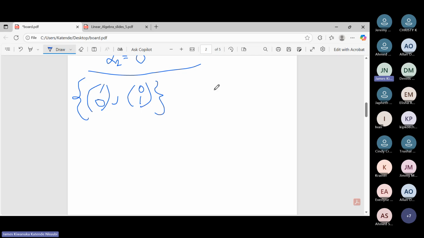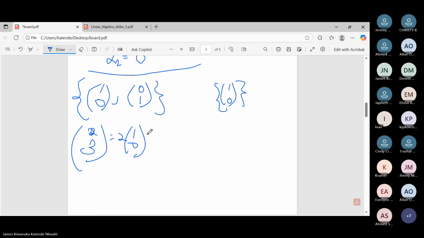If I create a new set consisting of only (1, 0), then I've knocked out one vector from the basis. While I'm here, it's always possible, for instance, if I pick a vector like (2, 3), I can always write it as a linear combination of my basis vectors: 2 times (1, 0) and 3 times (0, 1).